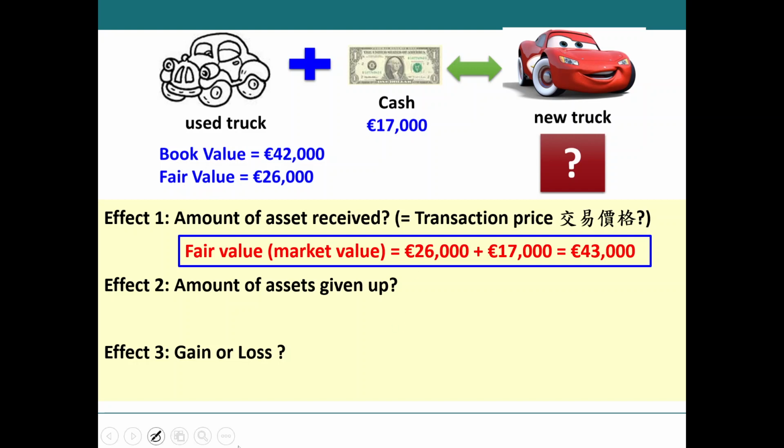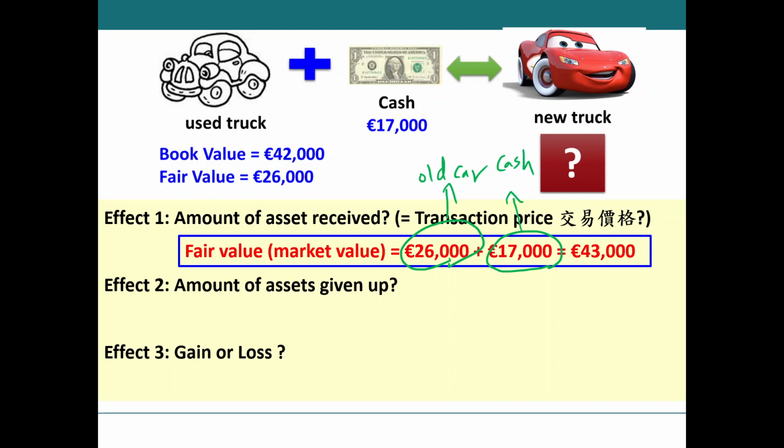So $26,000 from your old car, $17,000 from the cash you paid. So from the market, they think only these two things have the same value as the new car.